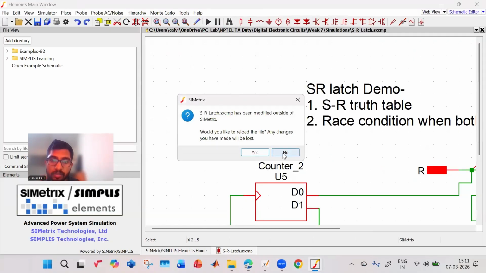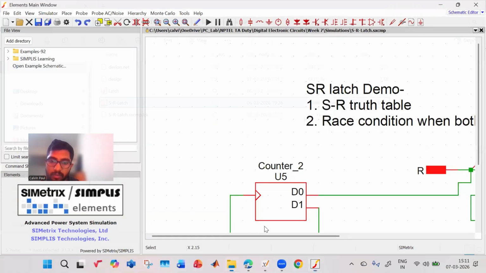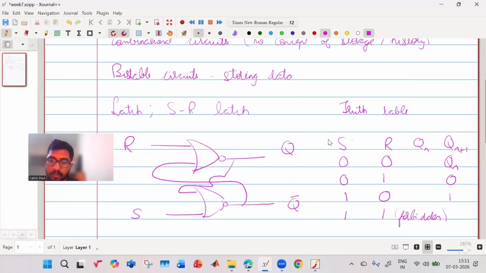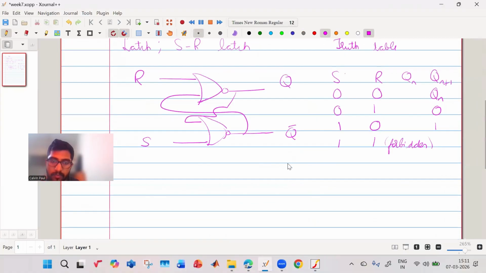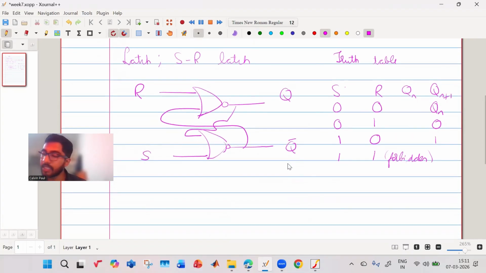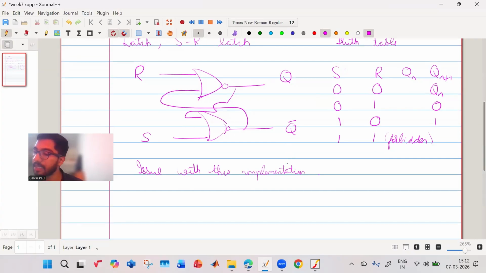So this is how the SR latch can be done. But there is an issue with this implementation. The problem with this implementation is that it is level triggered.